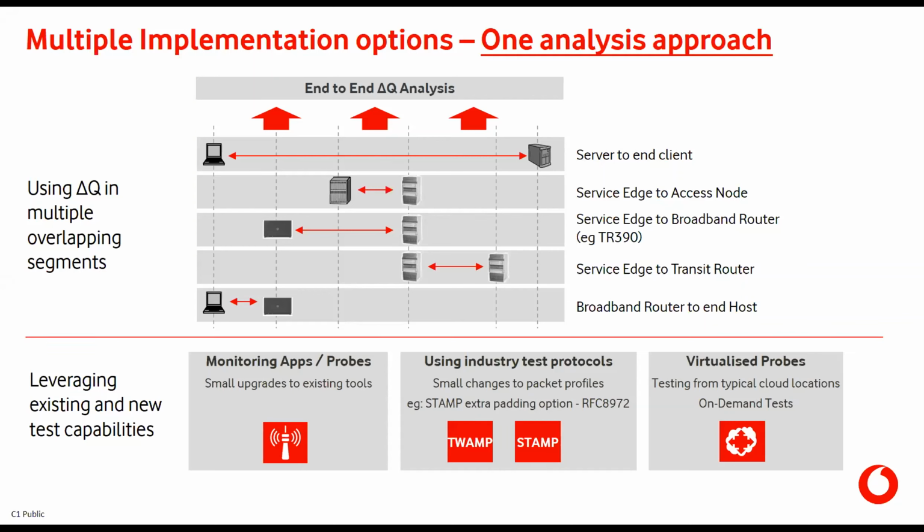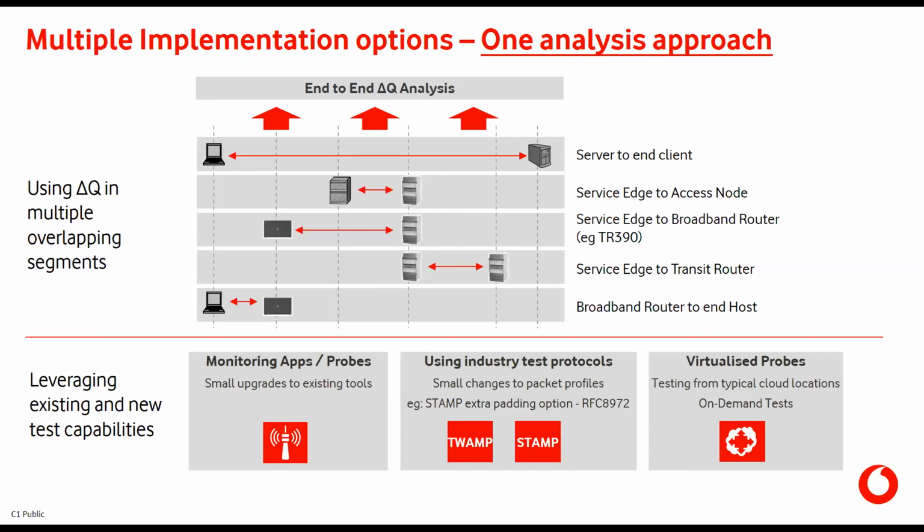The way we've looked at this is leveraging our existing and new test capabilities. From existing capabilities, we might have dedicated applications, apps on phones or probes that we can deploy out on customer sites, things we may have built in-house, and small upgrades to those can create the capability to provide results that can be analyzed under QED.